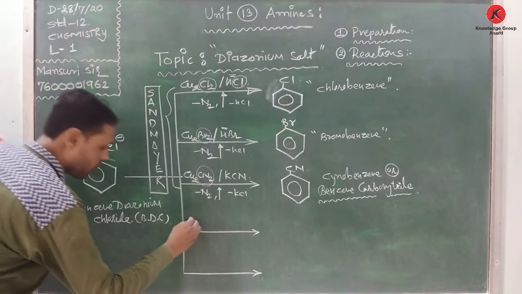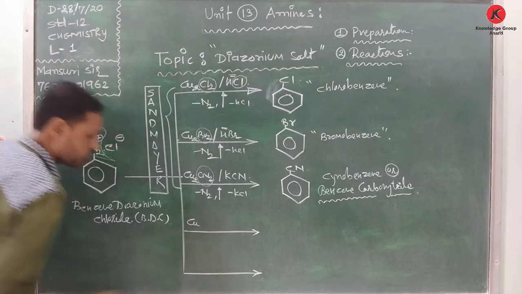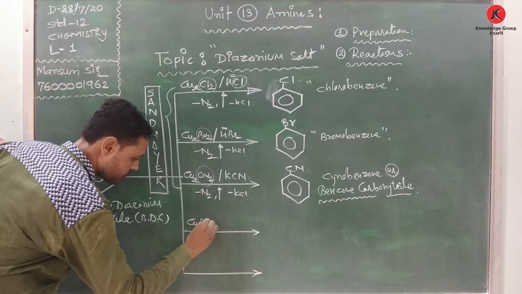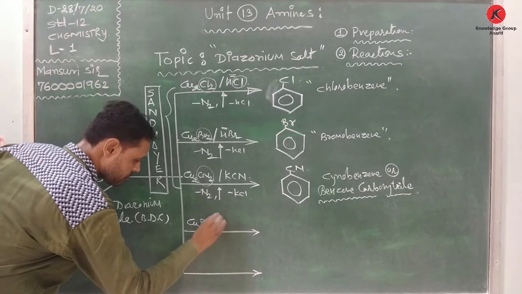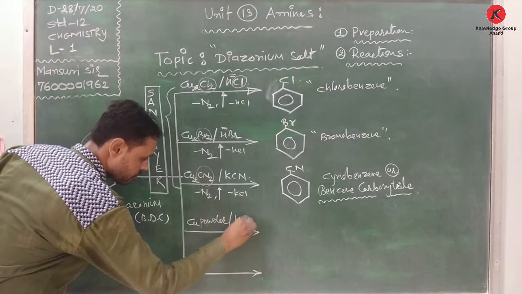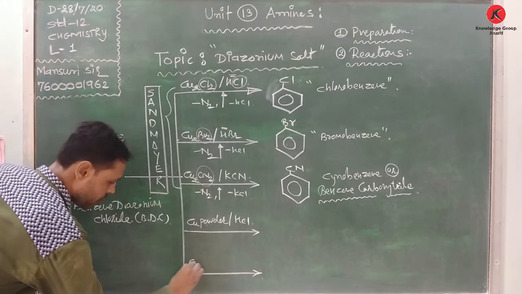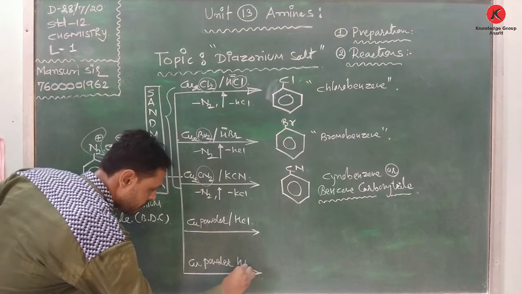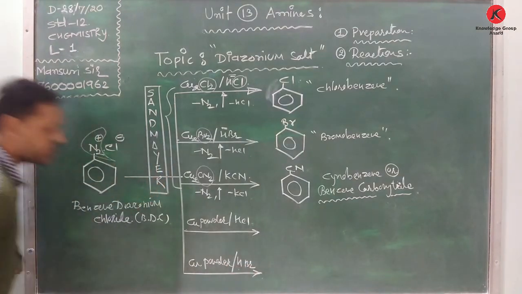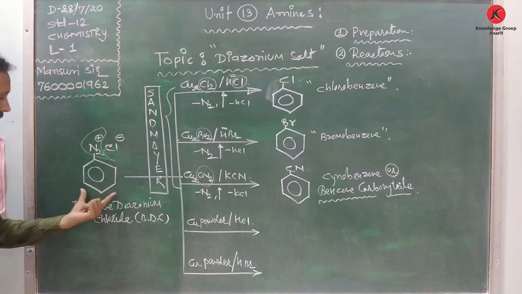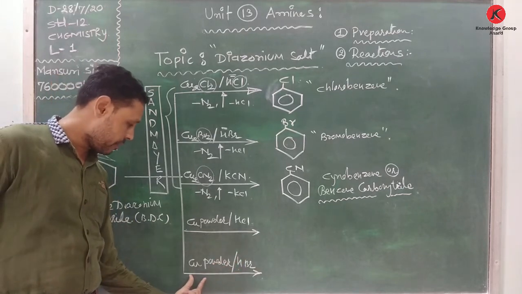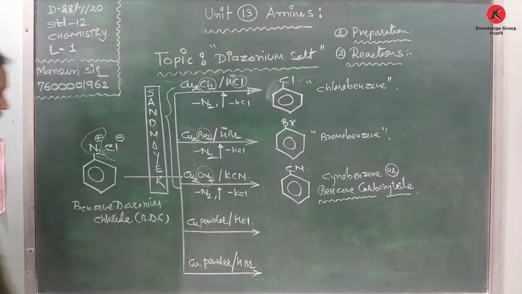Gattermann. Now here copper powder plus HCl. Now copper powder plus HBr. When benzene diazonium chloride reacts with copper powder plus HCl and copper powder plus HBr, then what will form?